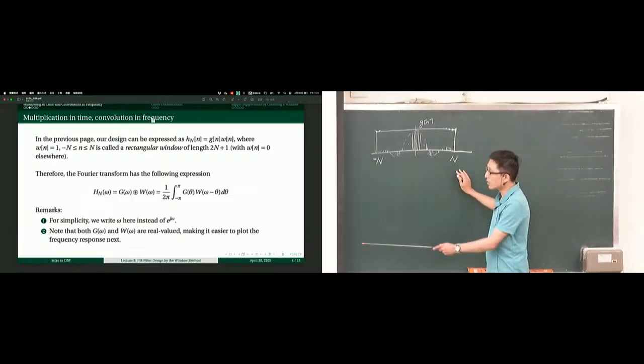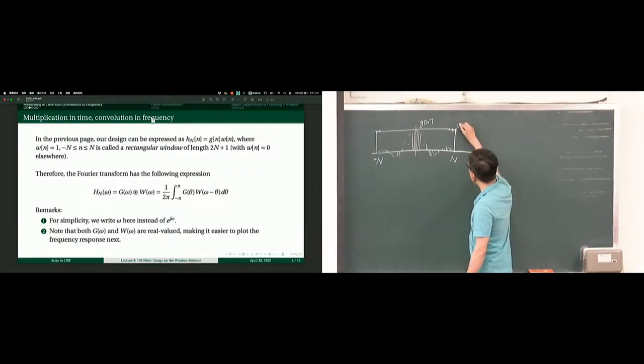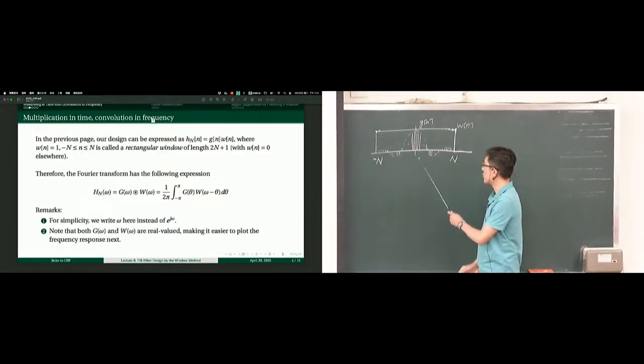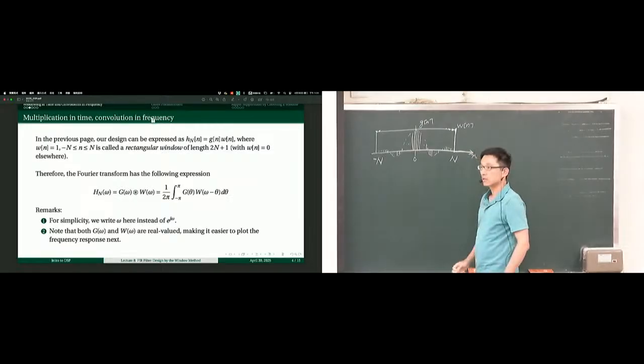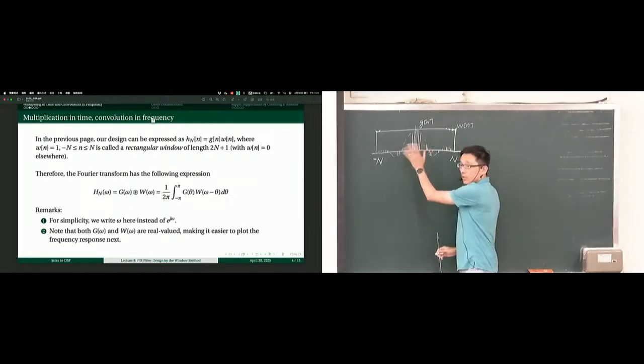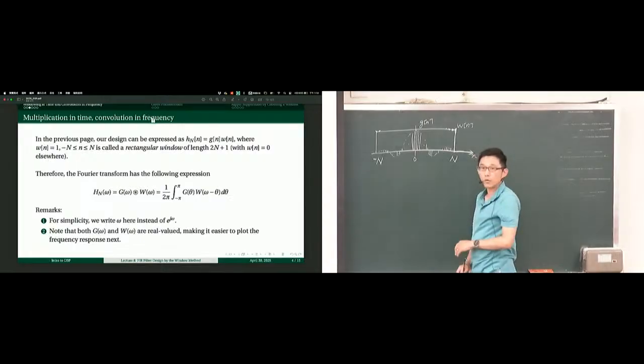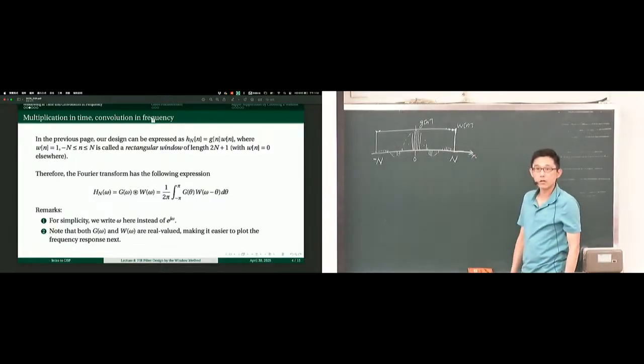Here I want to emphasize that both g and w are symmetric around time 0. This is in the time domain, both of them. So as a result, what will happen in the frequency domain?